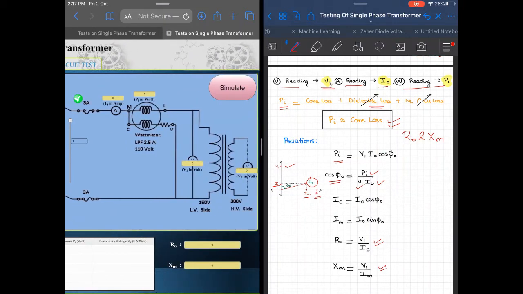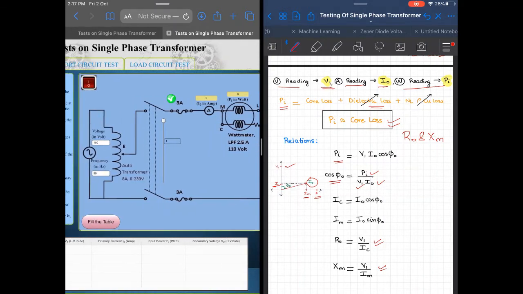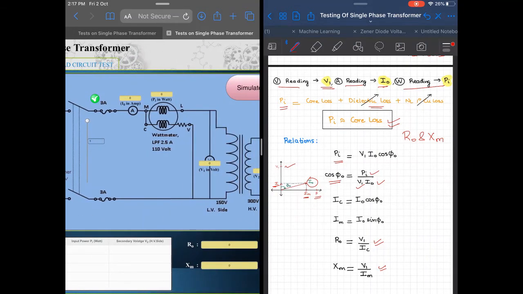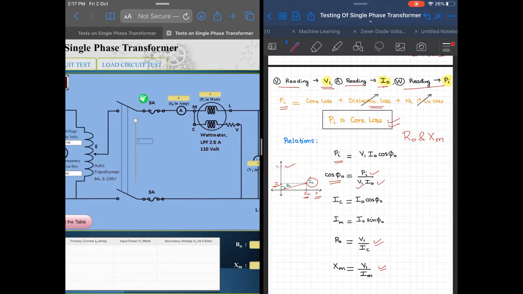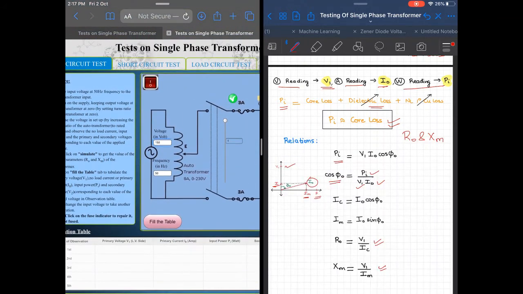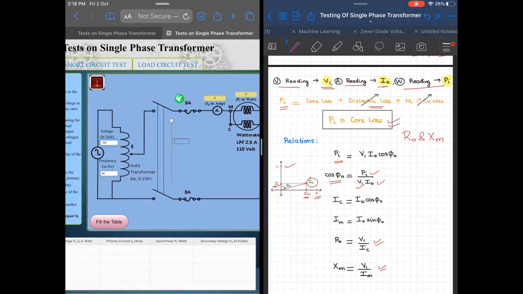In this we will set the input voltage of the auto transformer at 50 Hz so as to get a rated voltage of 150 volt on the low voltage side. So I'll set the voltage to 150 volt. Now to get the rated voltage, we keep the turns ratio of the auto transformer at 1.